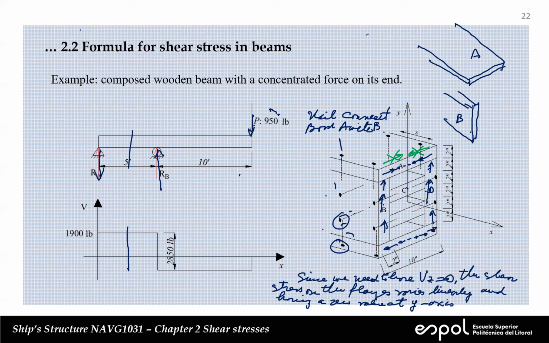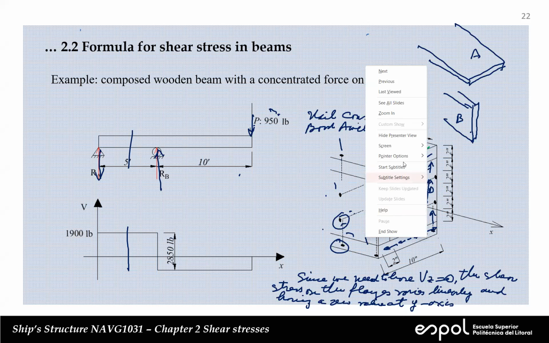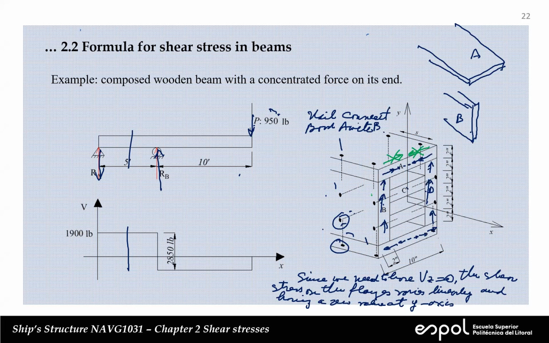So all of these will produce a net force in the vertical direction. So here you have a force in the vertical direction. Here, force in the X direction, in the Z direction. So this cancels that. And this one here plus this one here will give you the shear force on the section.